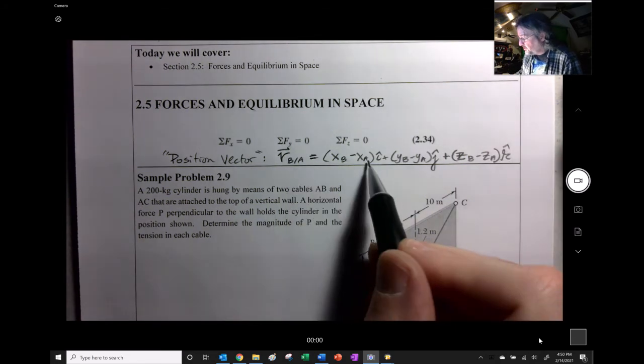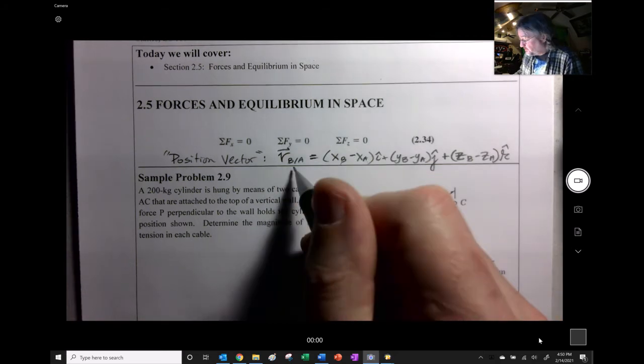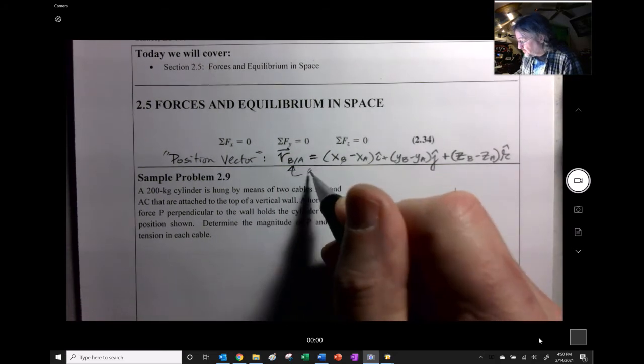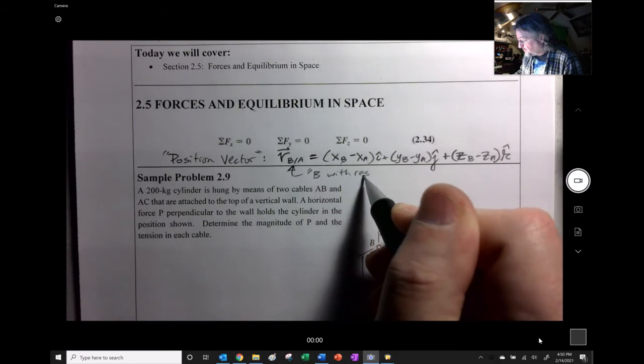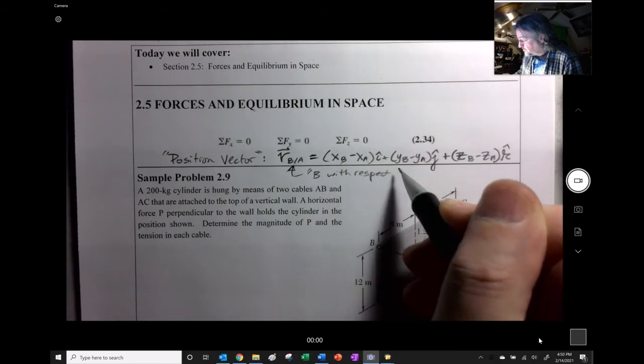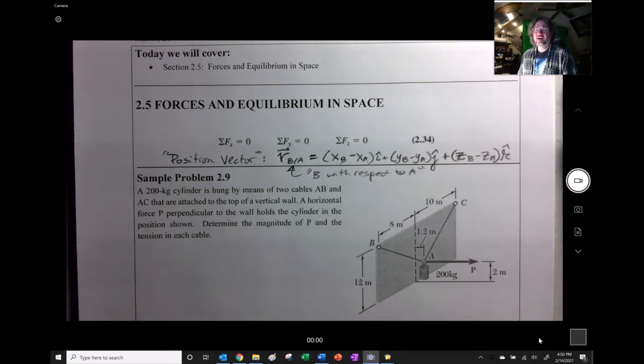So what we're doing is we're using A as the reference, and we're finding the location of B. So this is referred to as B with respect to A. I can't recall if I've introduced that before, but that's the main way that we're going to find the location of something.